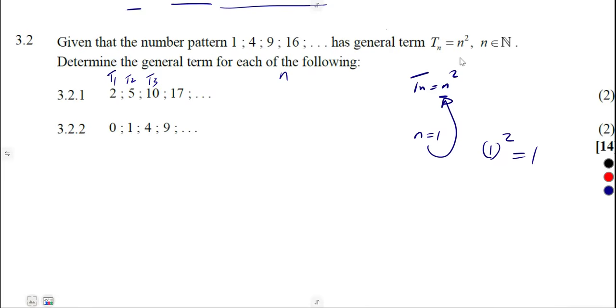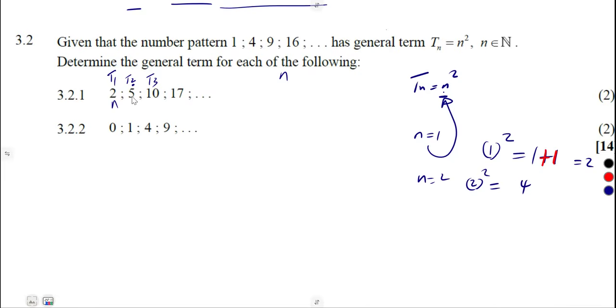So it's not n squared. But now, what happened to get a 2? Because we can see that we are getting a 2 there. So what happened? We added a 1. 1 plus 1, which is 2. The same thing when we have the second one, when n is 2, in place of n we put a 2. It's going to be 2 squared, which is 4.